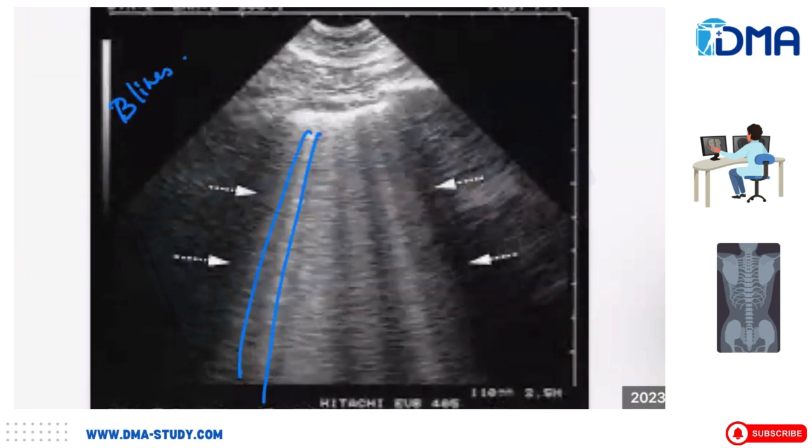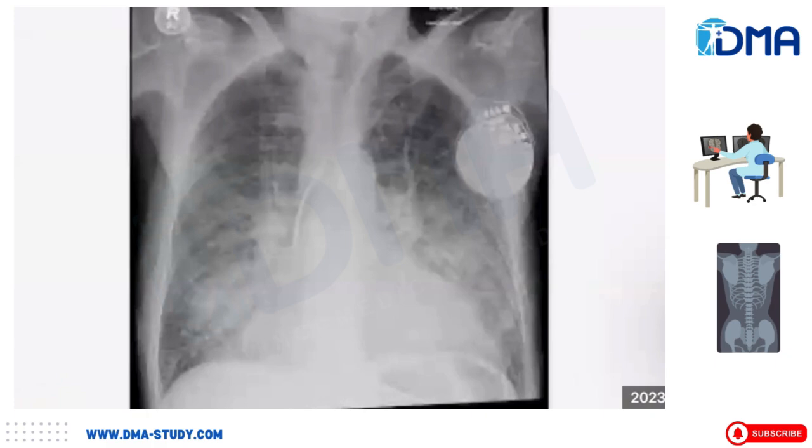When the B lines are more than 3 in number in one window, that means there is a fluid collection in the lungs. Since nowadays everything is ultrasound based, it is easy, and it is not going to be harmful to the patient, and hence we use ultrasound now and then and there. Right? Okay. What is the diagnosis?